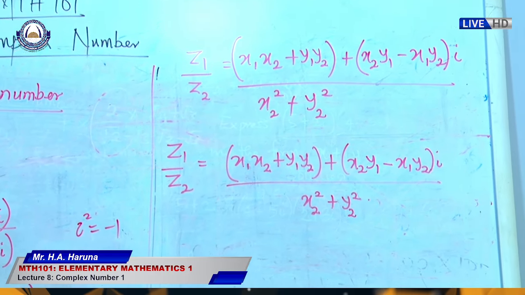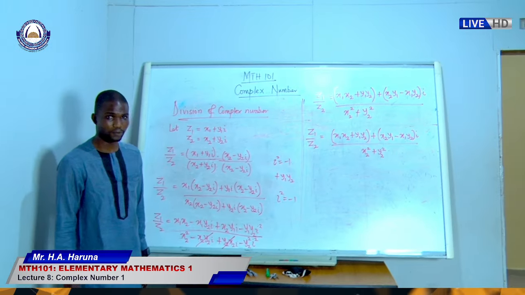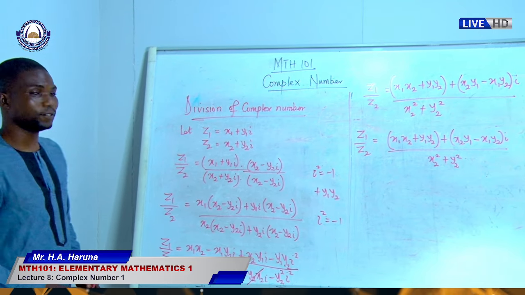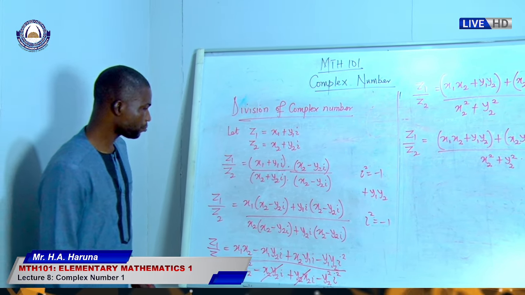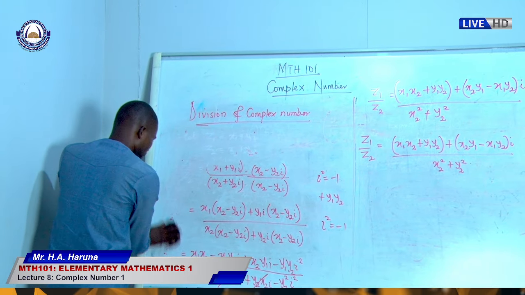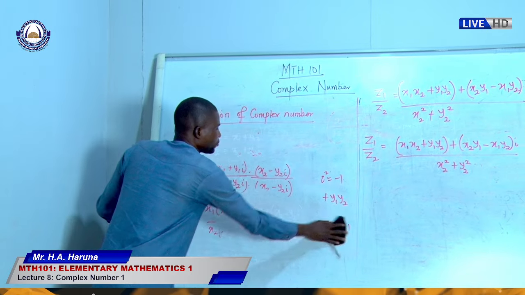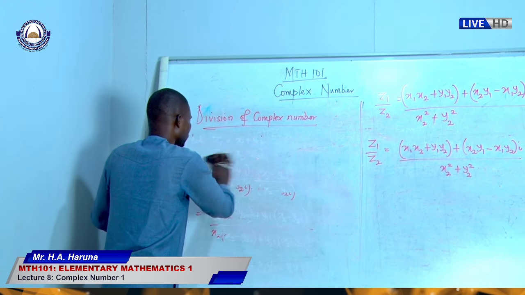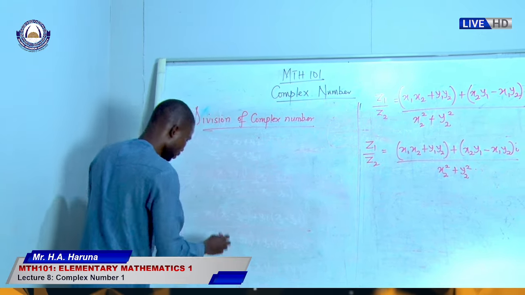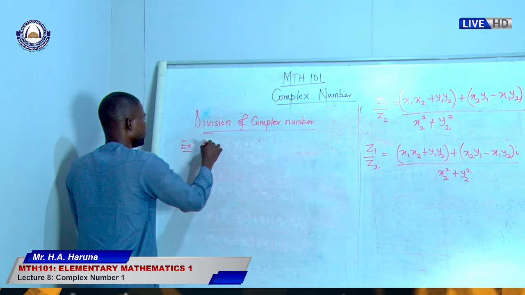Let's take an example of that in case we are faced with something like this. I believe this is clear enough for us to see. So let's take an example to be much more clear with a numerical example. Now you have an example.